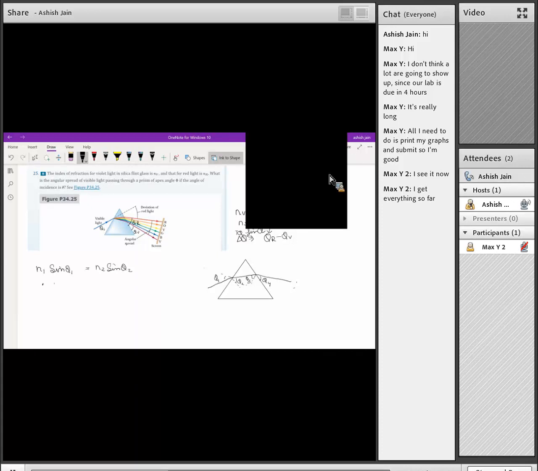Okay, so sine theta 1 by n2 equals sine theta 2.